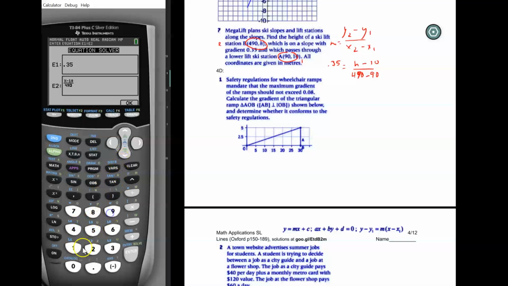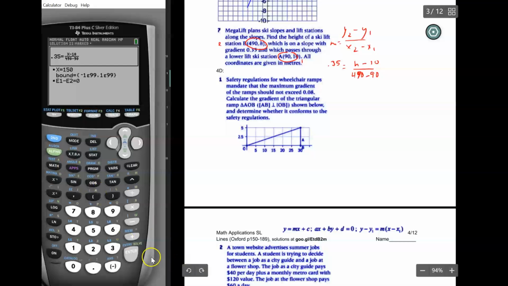You probably already know that that's 400, so you could just put 400 if you want to. Then you press OK, and hit solve. So I pressed alpha solve, and it tells me that the x value is 150.